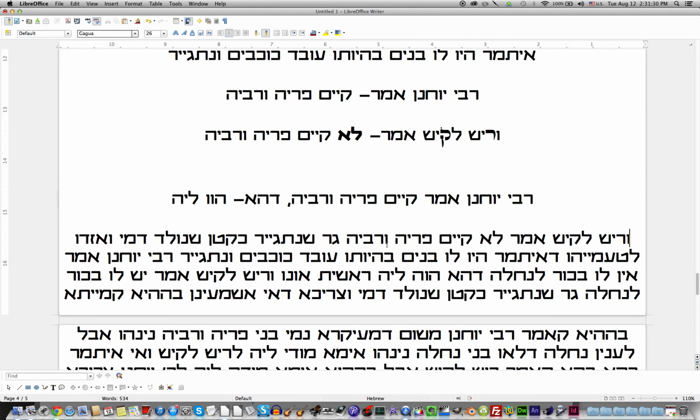V'Reish Lakish Amar Lo Kayam Pirya v'Rabbiya. Ger shenitgayer kekatan shenolad dame. Ve'azdu leta'amayhu de'ithmar hayu lo banim beheyotho oved kochavim benitgayer.